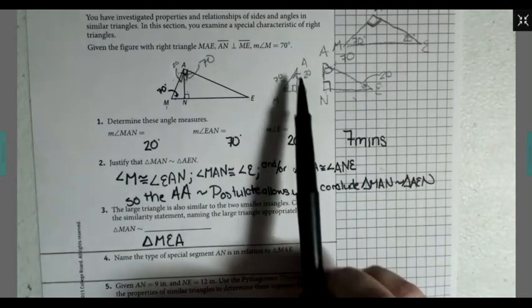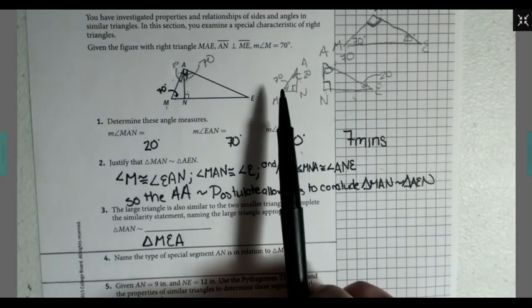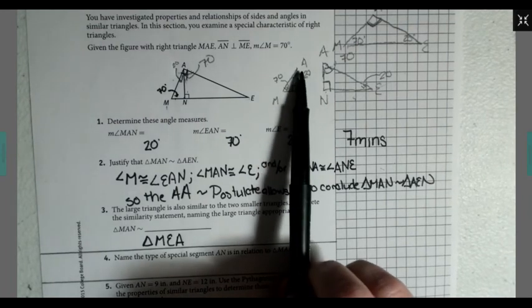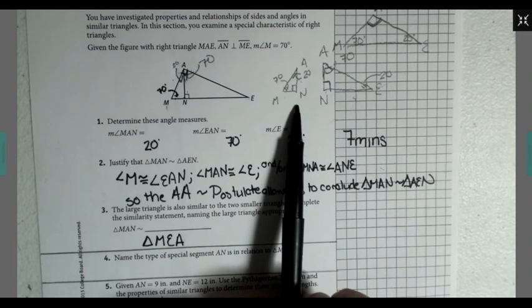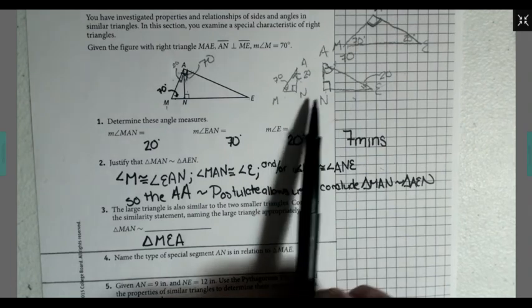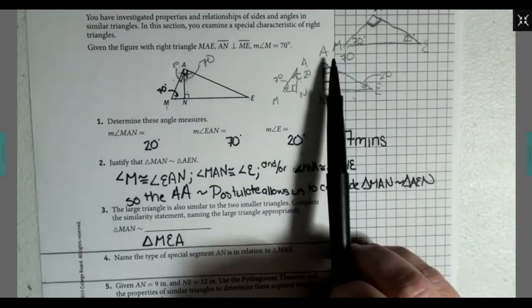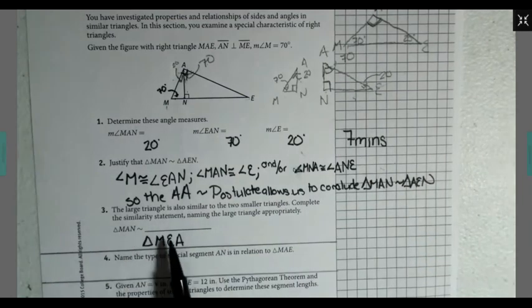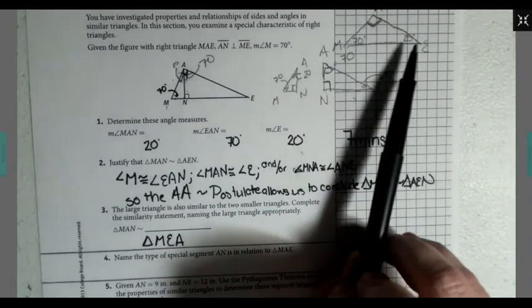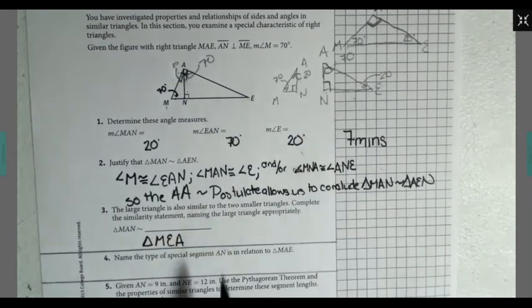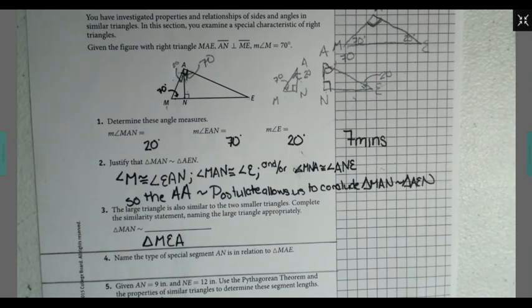Well, remember that in this small triangle, the tiniest of the three in my opinion, M was the 70, A was the 20 degree, and N was the 90 degree. So we had to make sure that when we look at the large triangle in its entirety, we go from the 70 degree, which was M, my 20 degree, which is E in that case, and then the right angle, which is A. It doesn't matter what order you write it in, as long as it is the same all the way through.